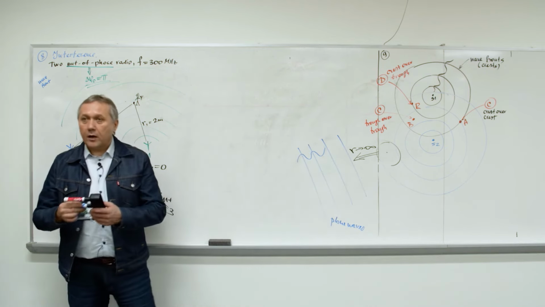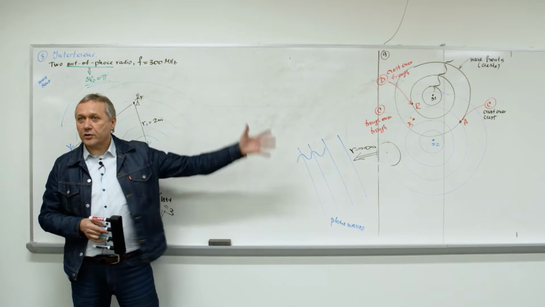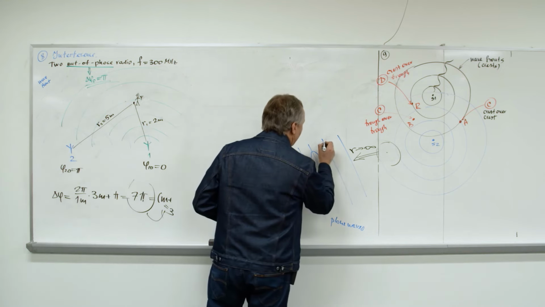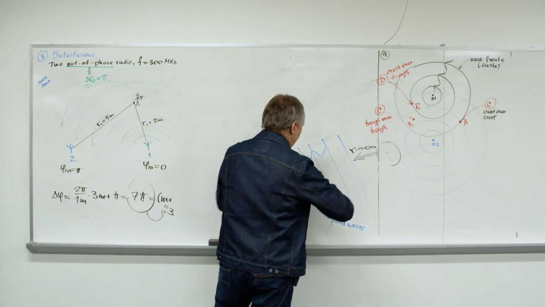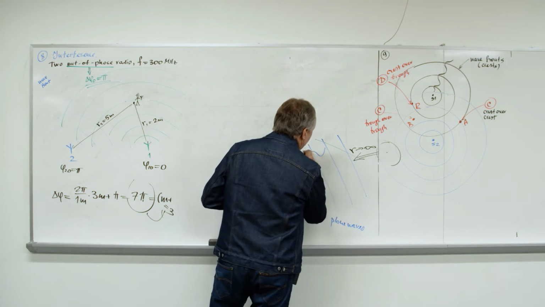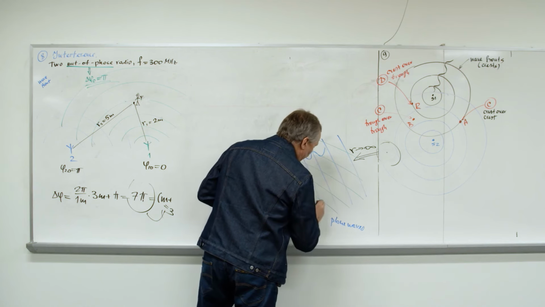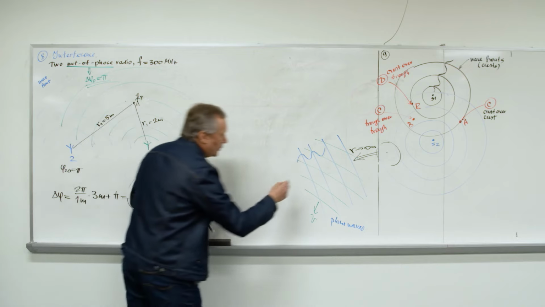And so now let's superimpose it with the black. I exaggerate, I increase the angle slightly. Now let me use green because I used black. So now let's say we have another wave propagating this way. This is the velocity of the green. This is the velocity of the blue.